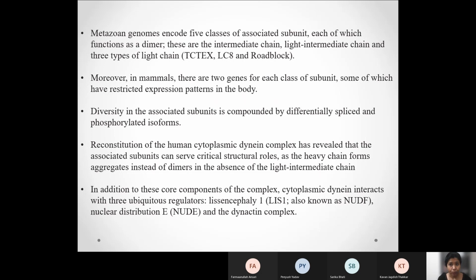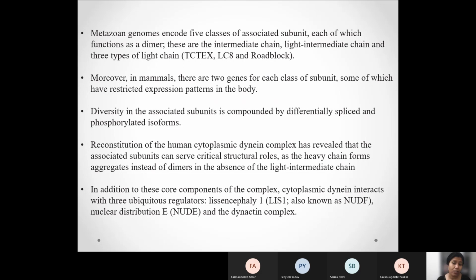For example, suppose you isolate dyneins, and you are looking at an in vitro motility assay of dyneins on microtubules. You would see that if you remove these associated light chains or light intermediate chains, instead of the dyneins actually moving on microtubules, you would see dyneins clustering together and not forming these distinct dynein motors.